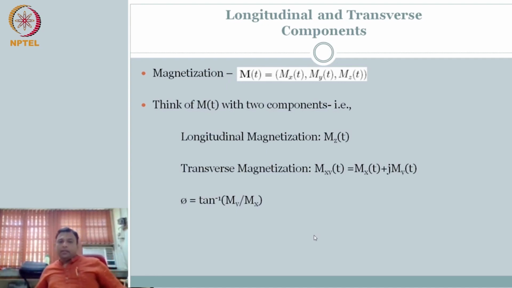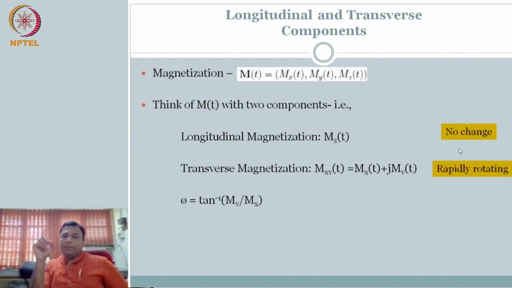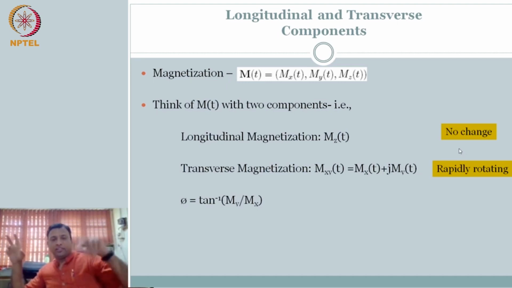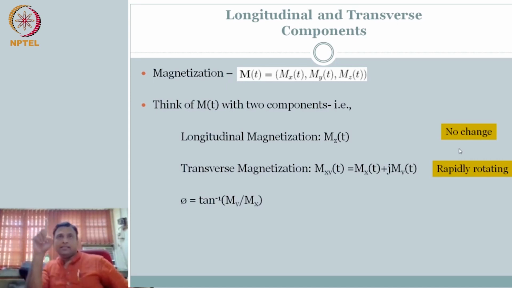Okay. You will notice that the z will not change rapidly. Longitudinal magnetization, if you have your z direction, it will come to the equilibrium value, for example, after waiting for several times. In the static magnetic field, the net magnetization in the z direction is achieved. Whereas here in the xy, what is happening?